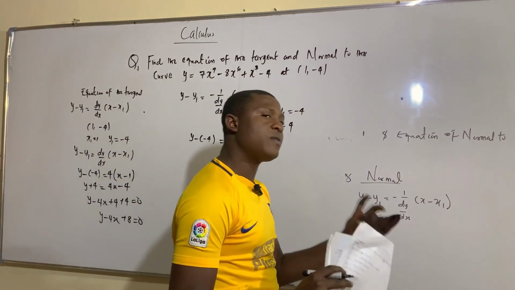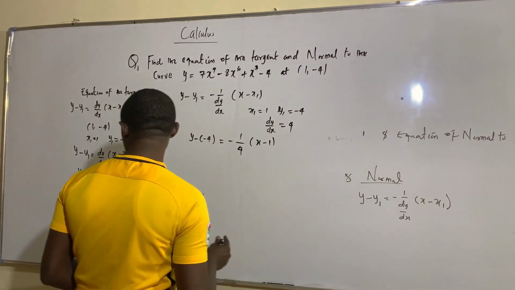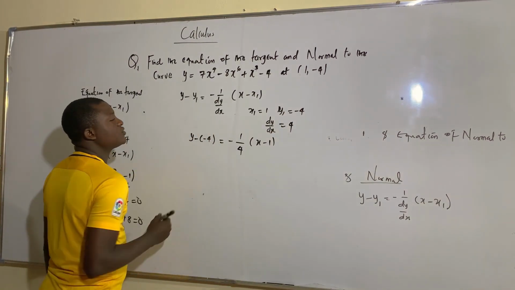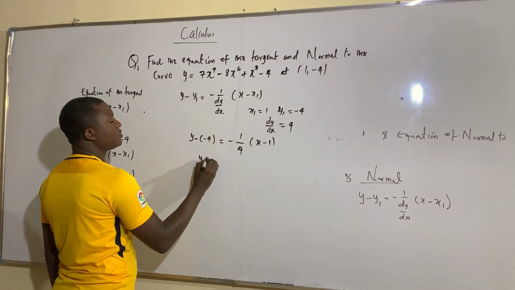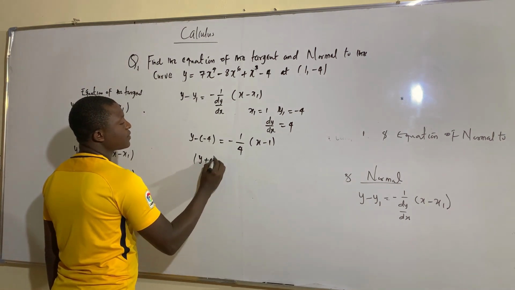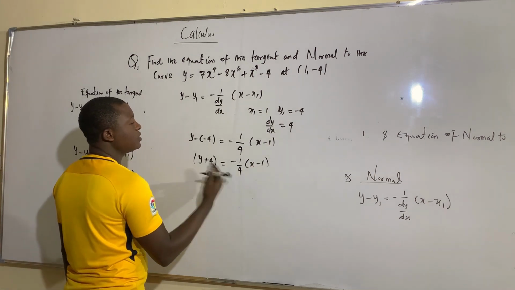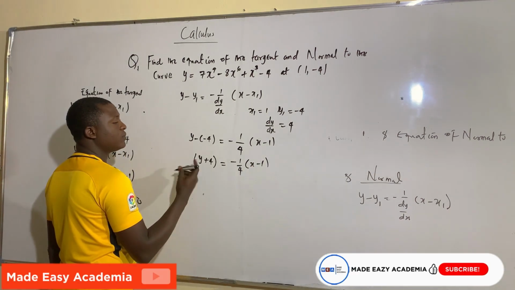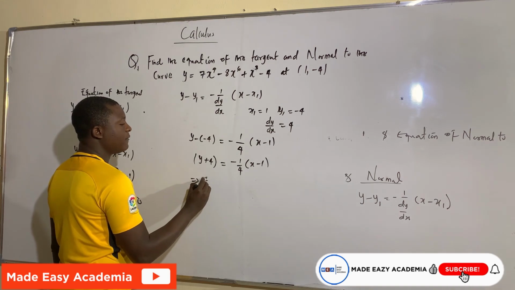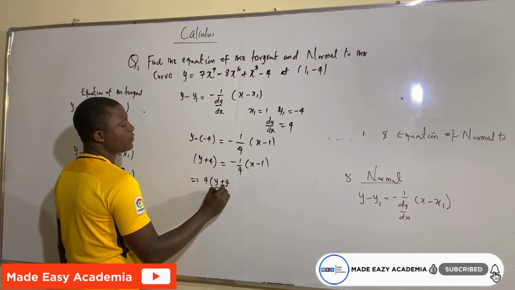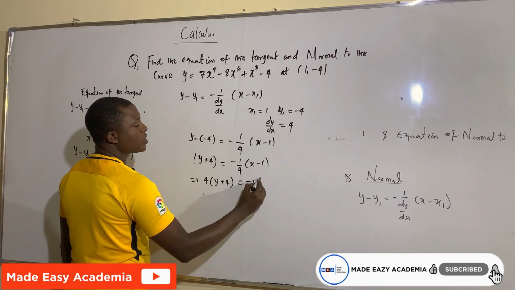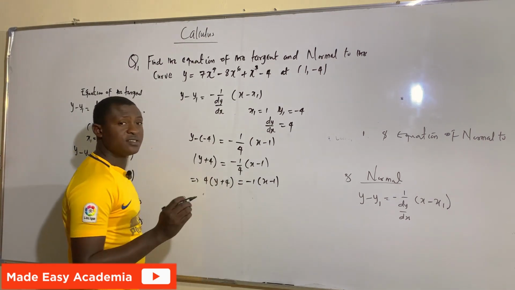That's the only difference between the first one and the second one. So here, minus minus, of course, we are going to have plus, that is y plus 4 is equal to minus 1 over 4 of x minus 1. Now let's cross multiply so that 4 can multiply what we have. That means we have 4 bracket y plus 4 is equal to minus 1 bracket x minus 1. I hope you get it right.